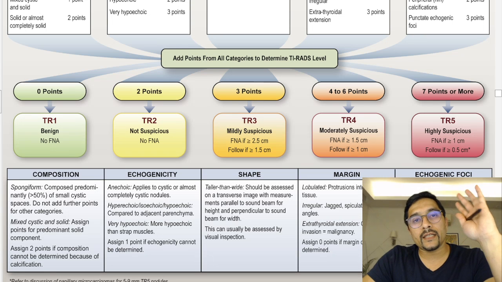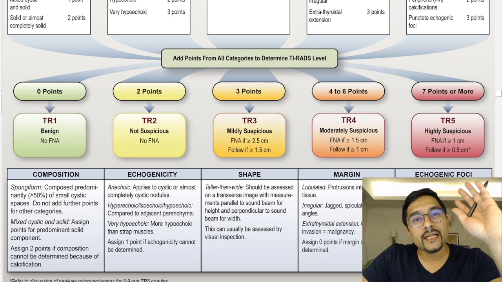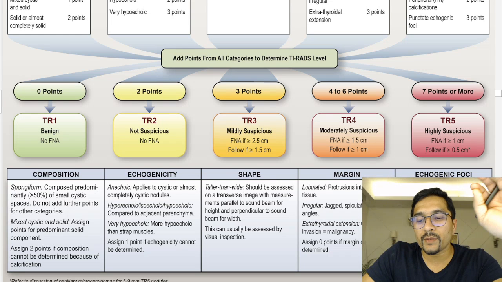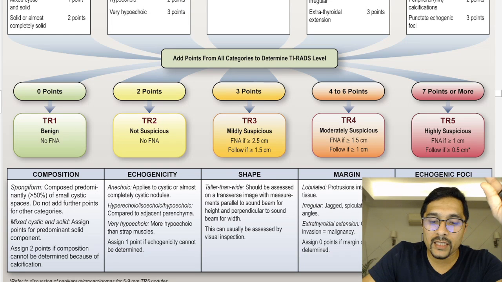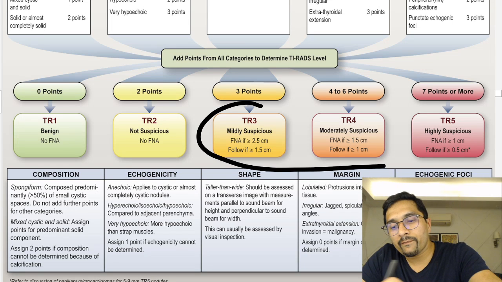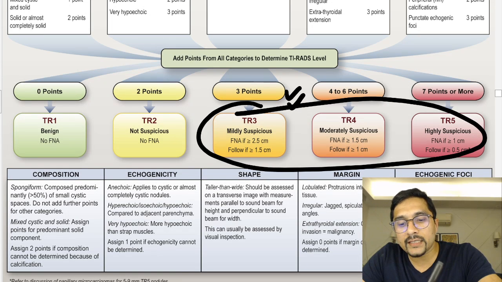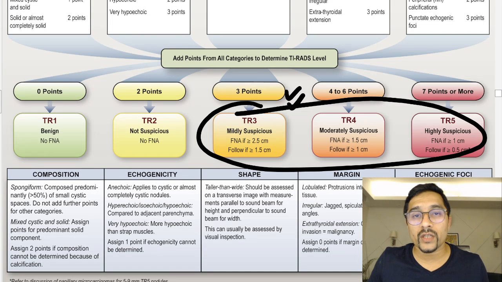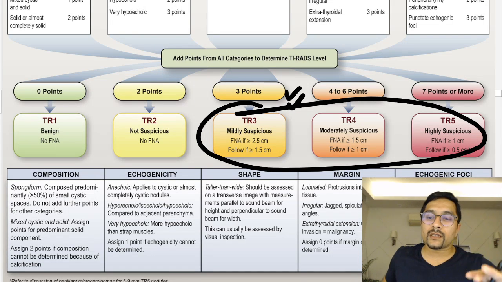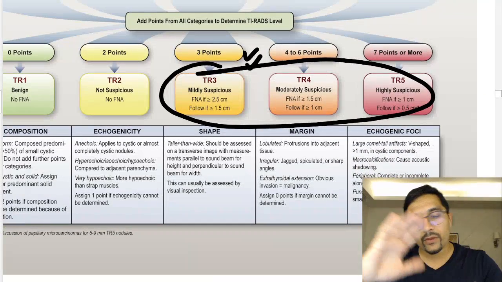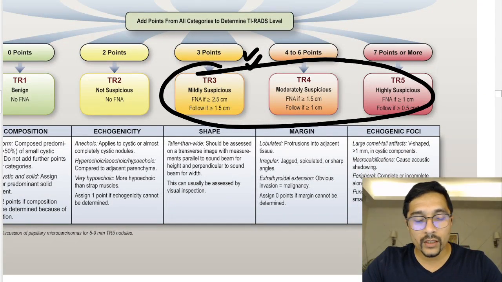TR1 is benign, TR2 is non-suspicious, TR3 is mildly suspicious, TR4 is moderately suspicious, and TR5 is highly suspicious. So TR3, 4 and 5 will require an FNAC if certain criteria are met. You don't need to know the criteria for each one, but you should know that TR3 to TR5 will require a FNAC. TR1 and 2 don't require FNAC.